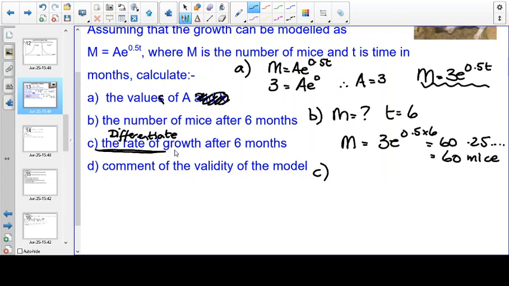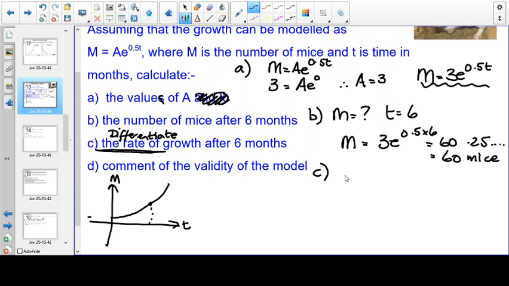If you think of the graph, it will look a bit like that, roughly. Here's time, here's m. Where t equals 6, we're actually after the gradient on the curve at that point. That's the rate of growth, or the gradient of the tangent, however you want to look at it.